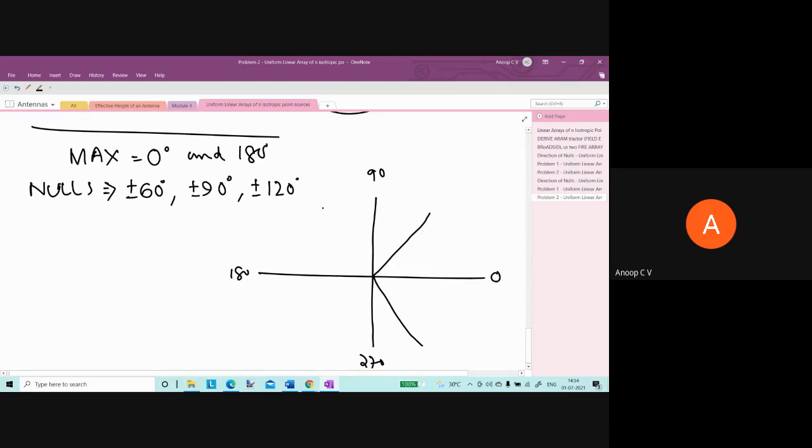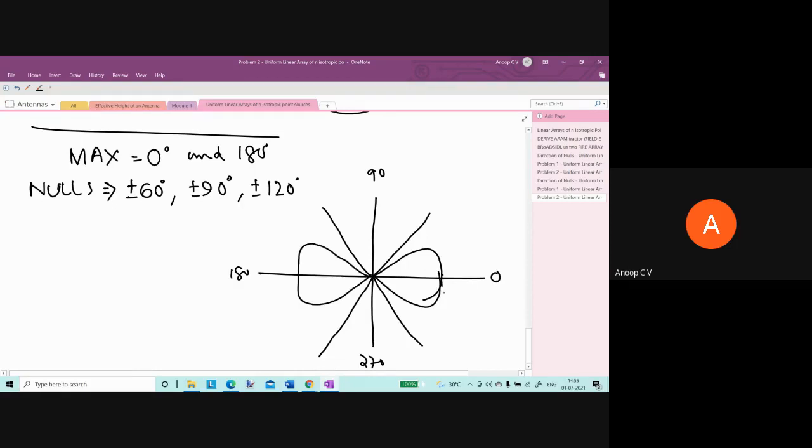This will be plus 120, and this will be minus 120. I have not drawn it exactly to scale, please excuse me for that. So the maxima is along 0 and 180.